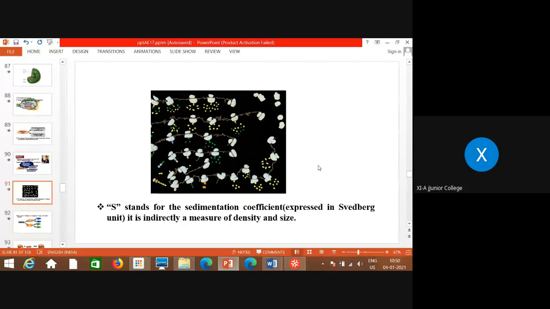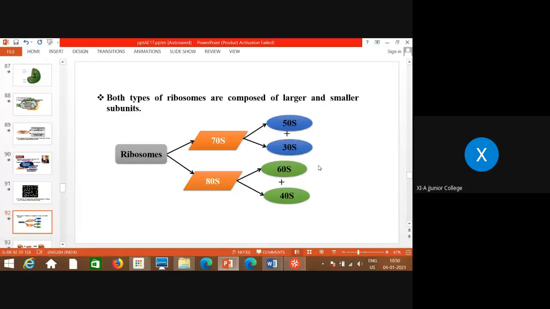So in this way, these two subunits join, and as per their density, that is Svedberg's unit, 70S ribosomes are made up of two subunits. Larger subunit is of 50S and smaller subunit is of 30S. But their total doesn't come to 80. Here, they are separate.